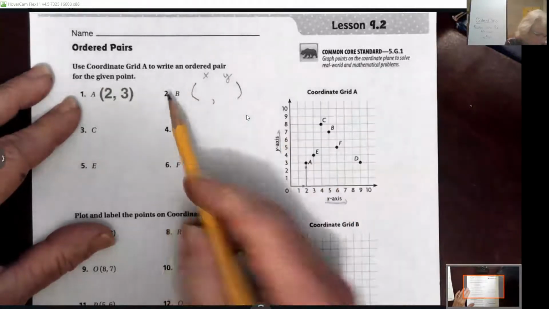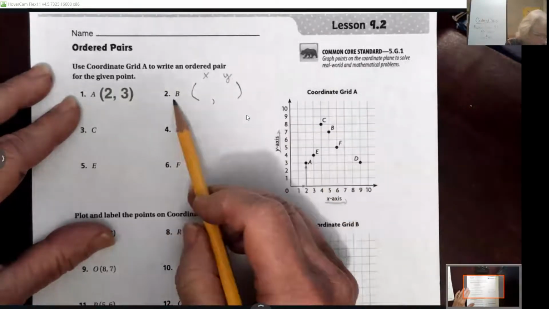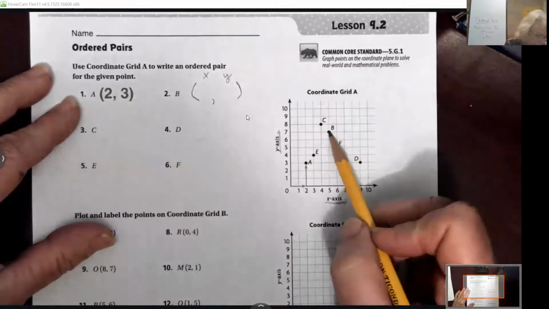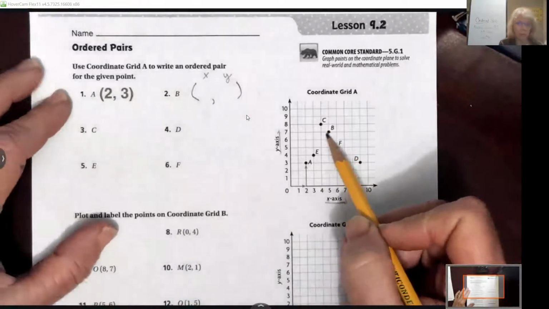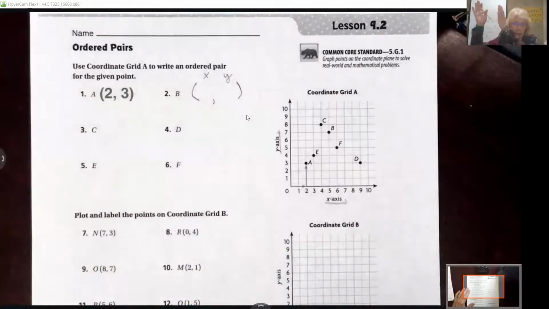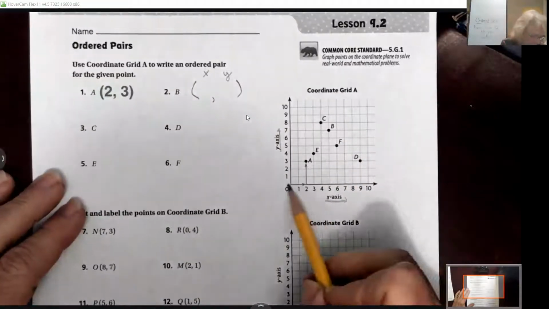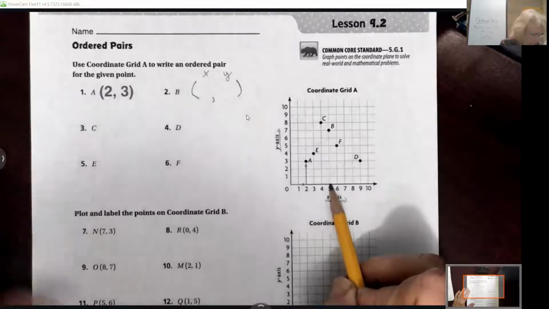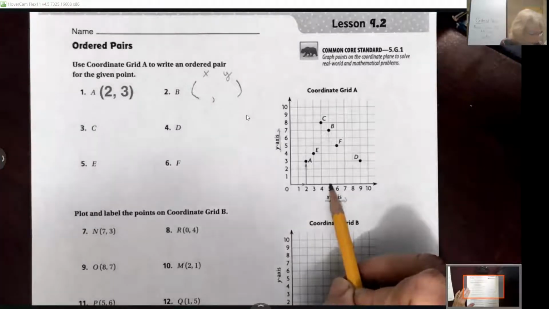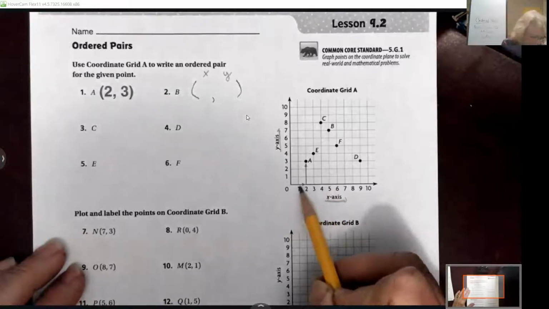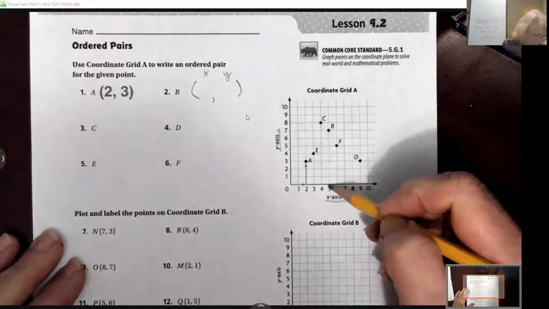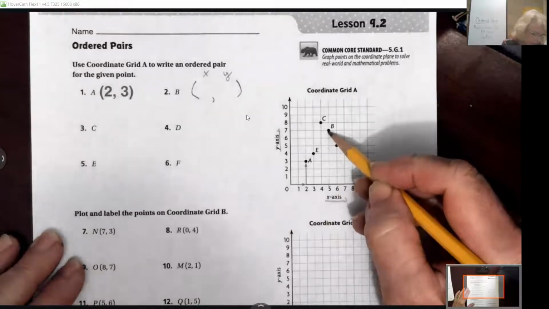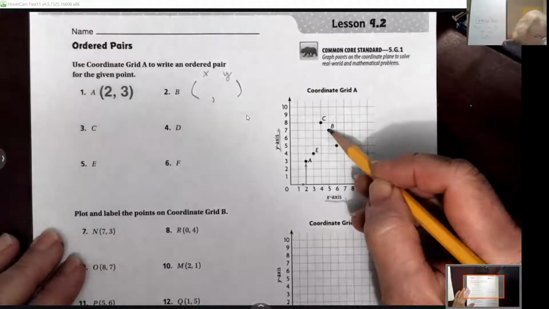So to figure out what the ordered pair is for B, we're going to go to B, and because we know that we had to go over first and then up, we're going to go over and see how many units over it is. And we have 1, 2, 3, 4, 5 units over, and then we're going to go up and see how far up did we go.